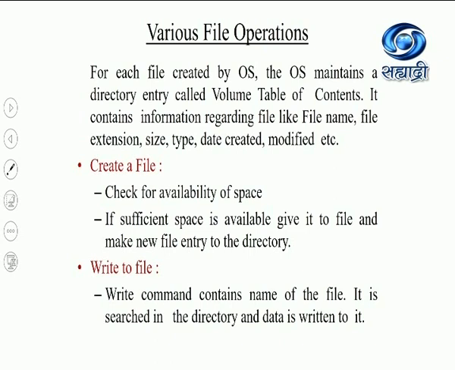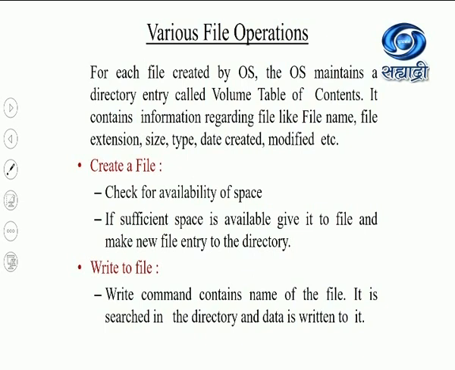For each file created by OS, the operating system maintains a directory entry called volume table of contents. It contains information regarding file like file name, file extension, size of file, type of file, date created, date modified, etc. Now there are certain operations which are regularly done on files. Let's see some of them.